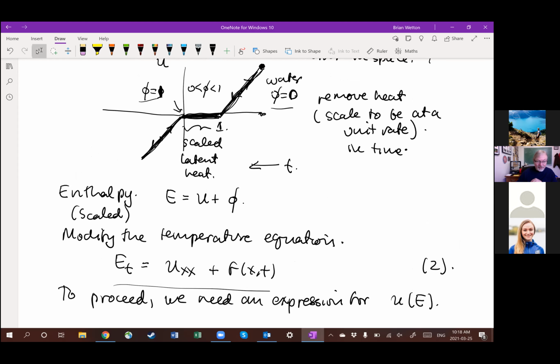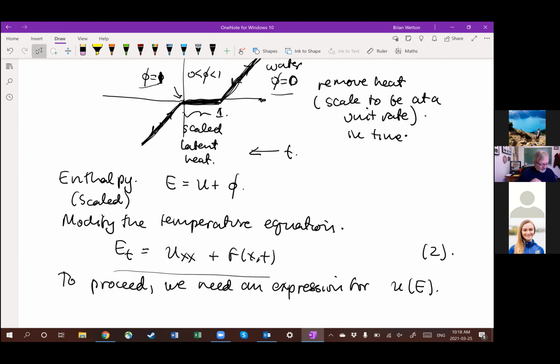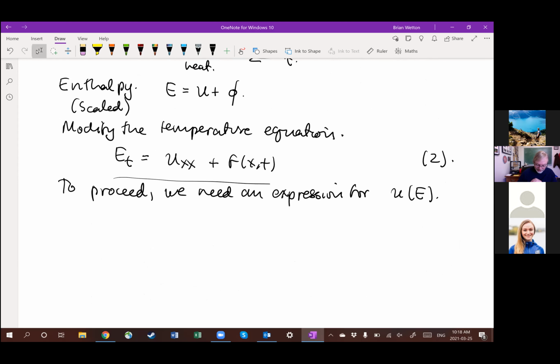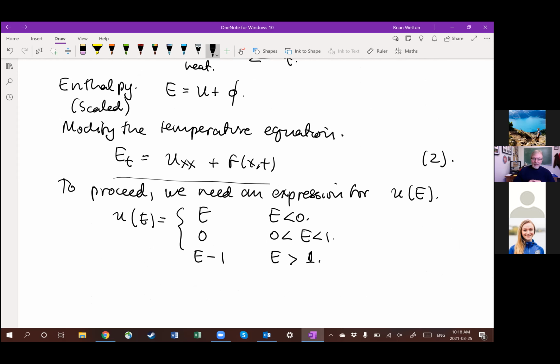Okay, and I'm going to look at this thought experiment picture, and I'm going to see pretty clearly: U is E if E is less than 0. It's 0 for E between 0 and 1. And it's linearly increasing, but with an offset, for E bigger than 1.